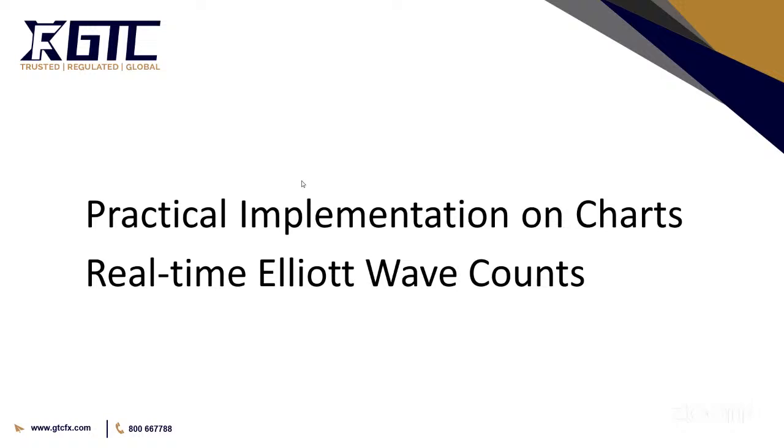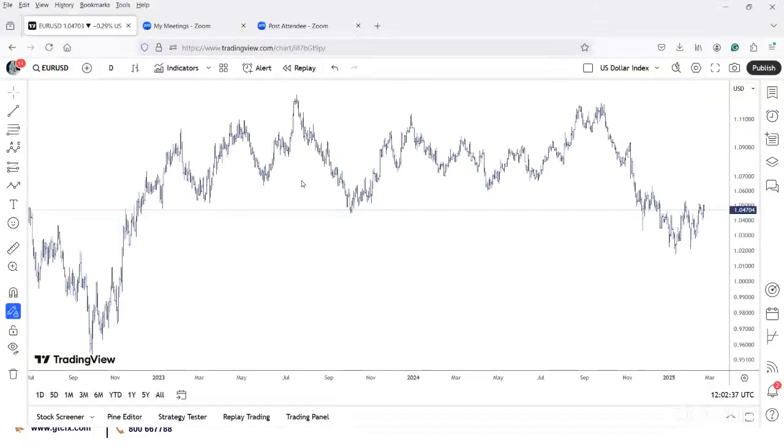As always, with the Euro USD chart setup, I'm not using the MT5 platform because the technical Elliott wave counts tools are not available, and if we use a text box, it takes around 40 minutes to complete one analysis. So I hope that all the participants who are joining are quite familiar with the TradingView platform.